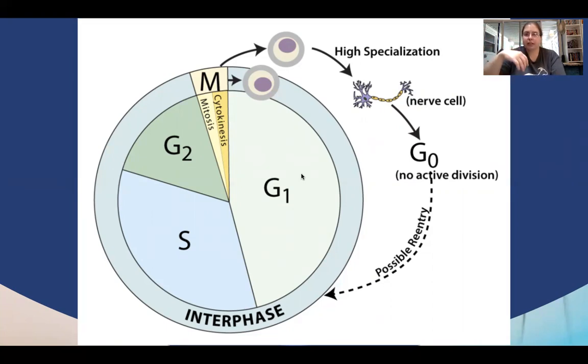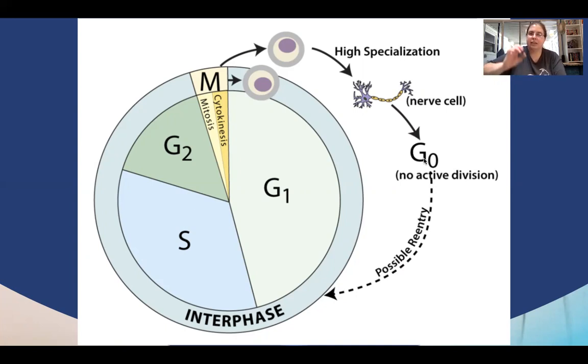If it recognizes that something is incorrect, that there's some kind of error that occurred during the division, it can actually remove itself from G1 and go into what's called G naught or G0 phase. We don't necessarily consider this part of interphase because this is a go, no-go step.